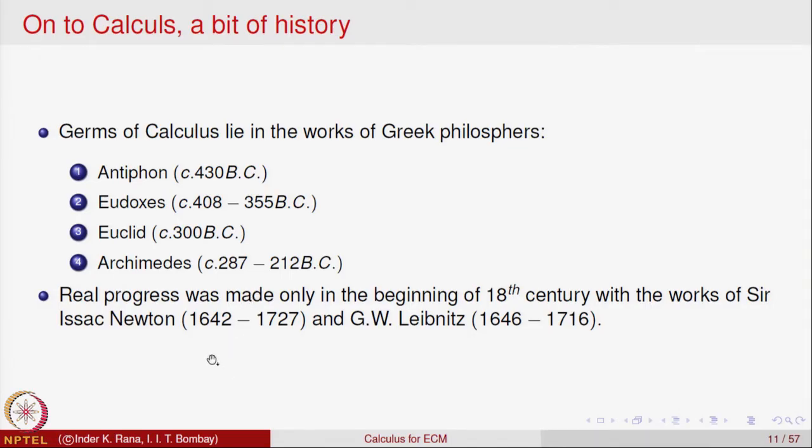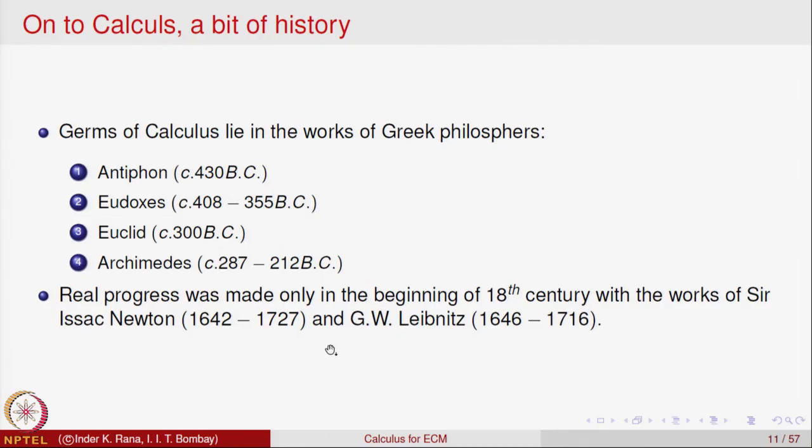The real progress started only after the works of Sir Isaac Newton, whose period is 1642 to 1727, and G.W. Leibniz, between 1646 and 1716. Both these people initiated modern calculus; they can be thought of as the inventors of modern calculus.